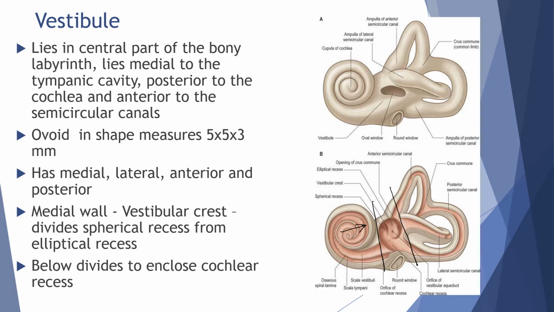It is ovoid in shape and it has a medial, lateral, anterior and posterior wall. The medial wall shows a vestibular crest, which is shown here, dividing it into the spherical recess and the elliptical recess. Below it divides to enclose the cochlear recess.